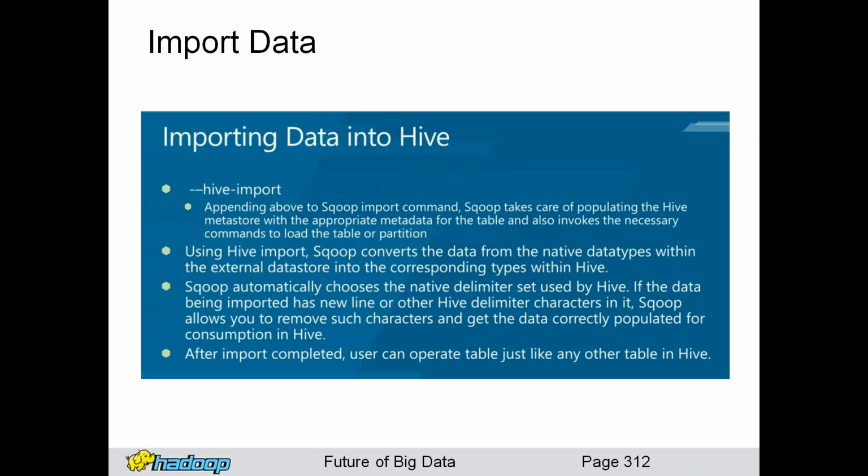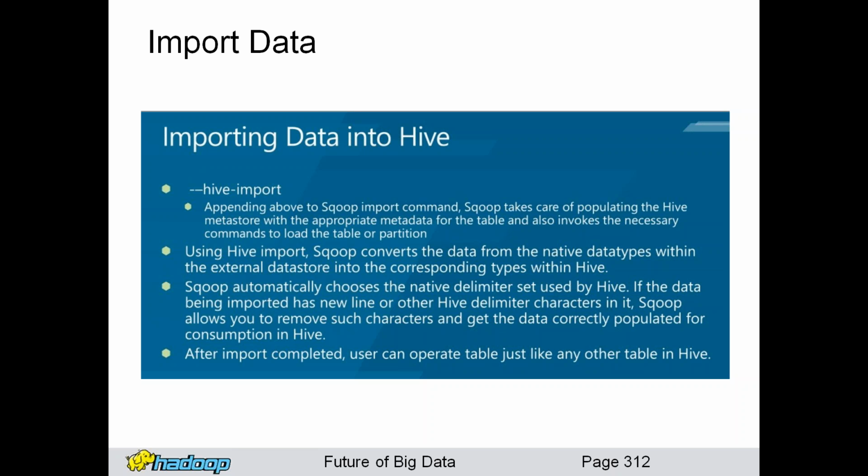-hive-import. Sqoop automatically chooses the native delimiter set used by Hive. When importing to Hive, Sqoop uses the native delimiters set used by Hive, in case the data being imported has new lines or other Hive delimiter characters in it.